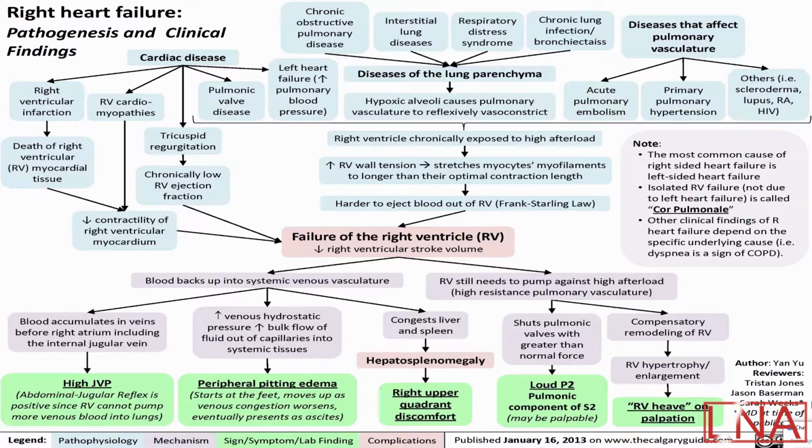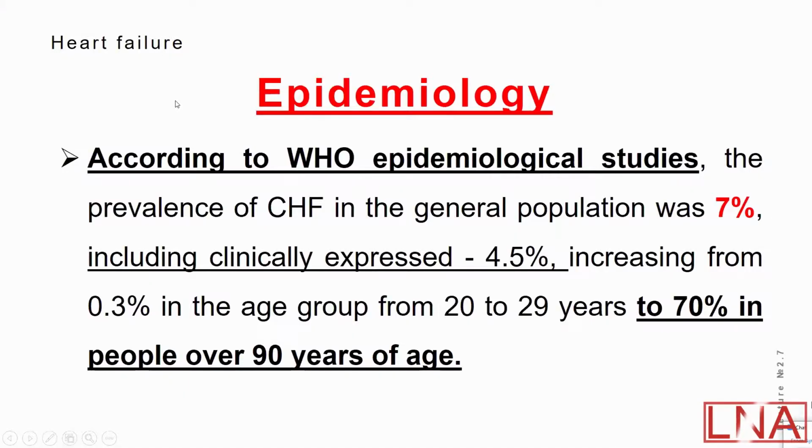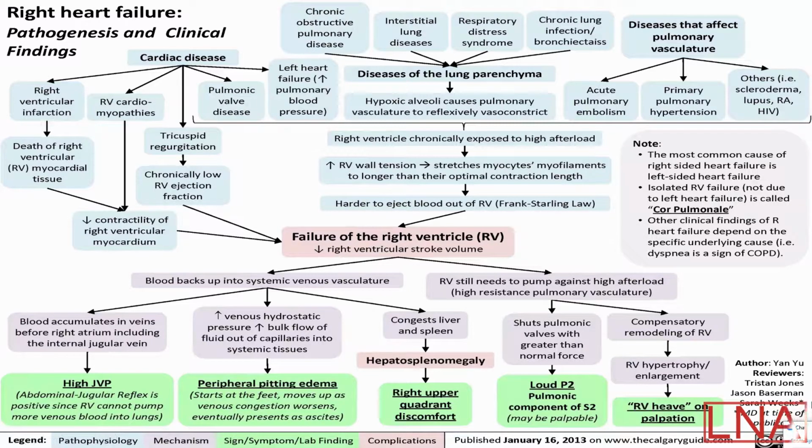First, blood backs up into the systemic venous vasculature, accumulating before the right atrium, including the internal jugular vein, and leading to a positive abdominal jugular reflex, a sign that the right ventricle cannot pump more venous blood into the lung. This is a clinical sign, the abdominal jugular reflex.